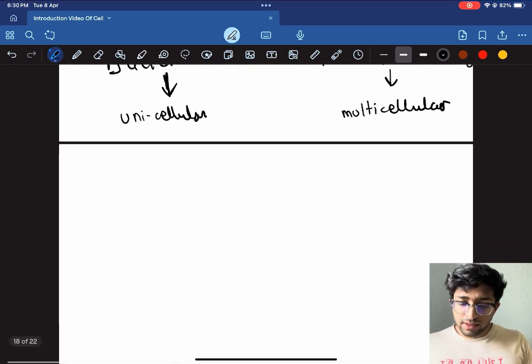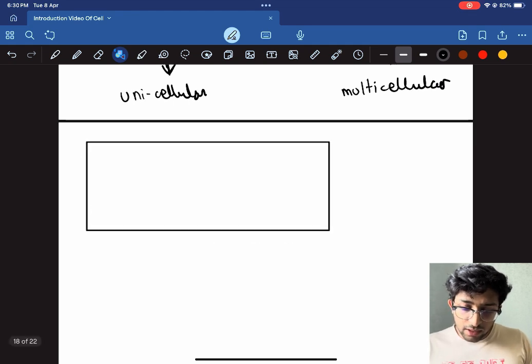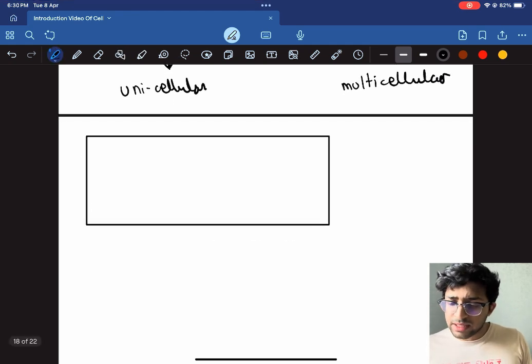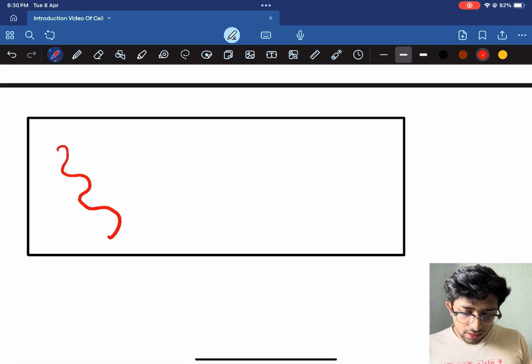So let me give you one example. Suppose I draw a cell like this, and you know about the DNA, right? DNA is a genetic material which is present in all cells.